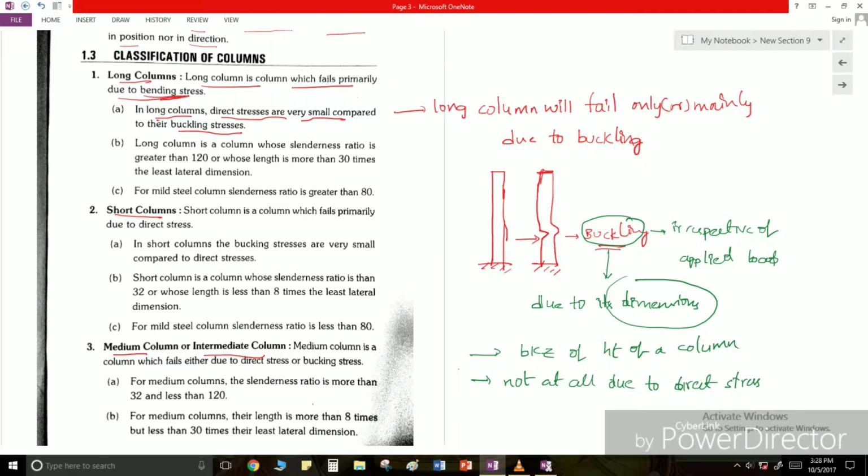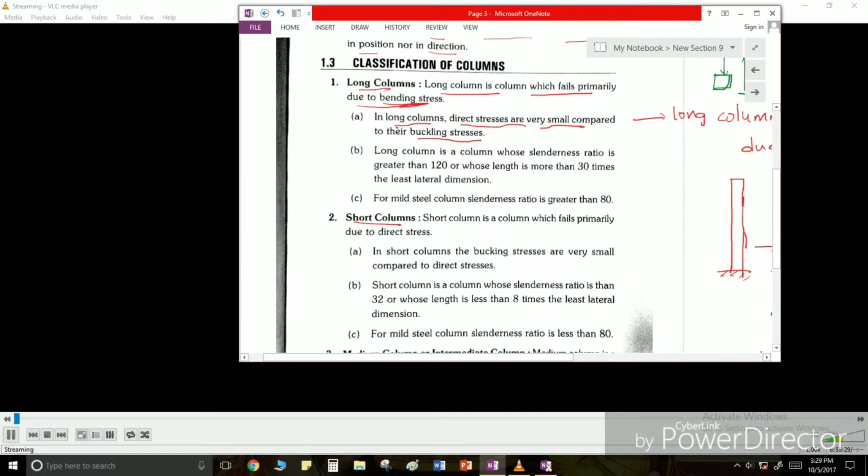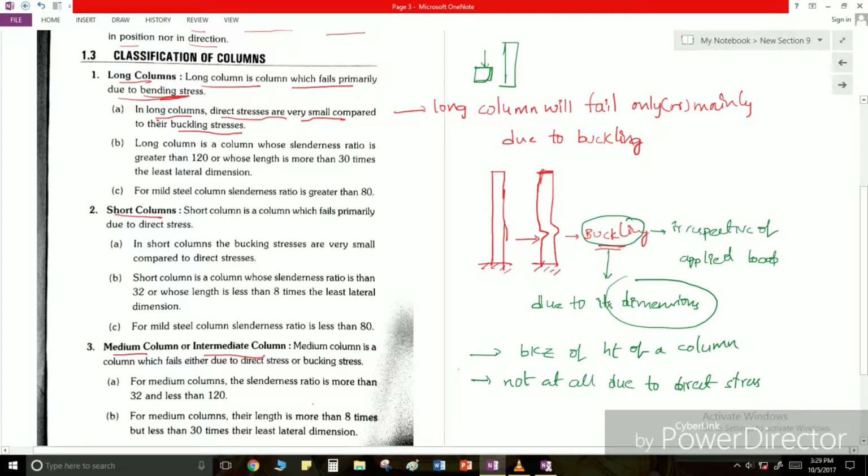It fails before that. For example, a column can withstand some load, meaning some applied direct load. Say this column and this column both have some applied loads.